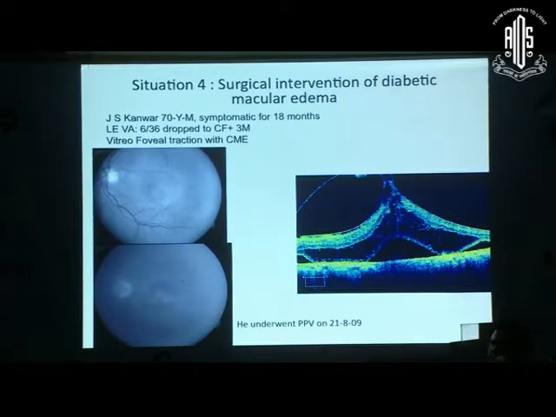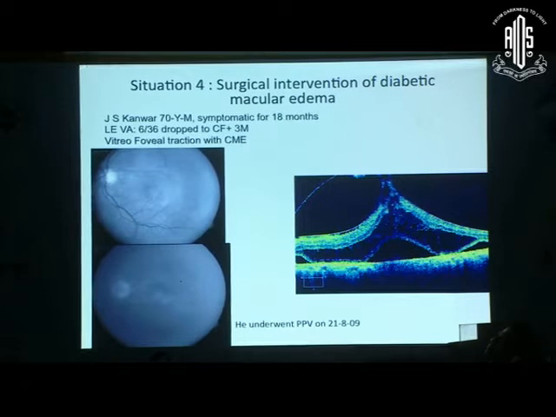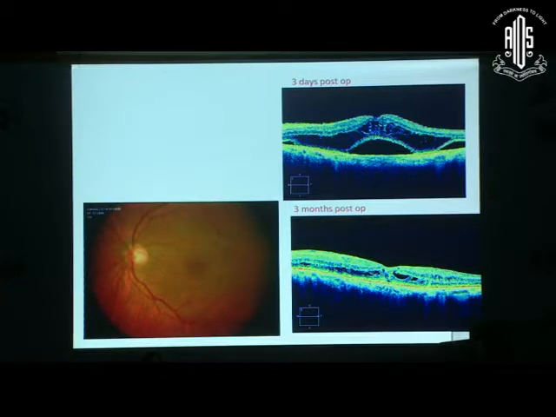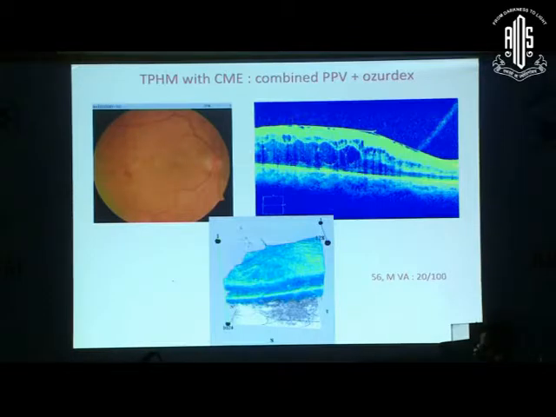My fourth indication is one which I'm doing. It's registered on clinical trials, where we are giving Ozurdex at the time of the vitrectomy because it helps in early rehabilitation. This is before, and this is after surgery. Within a few weeks of the surgery, you can get this.